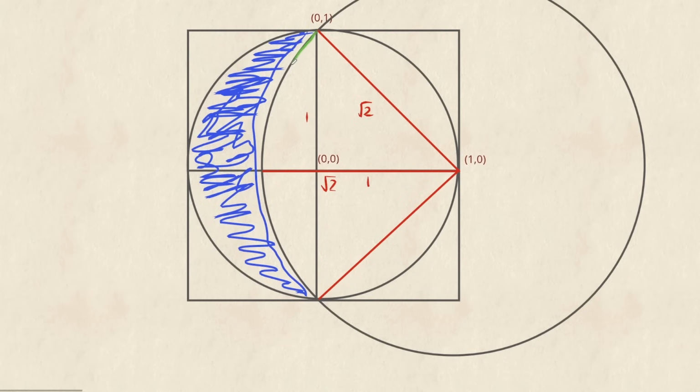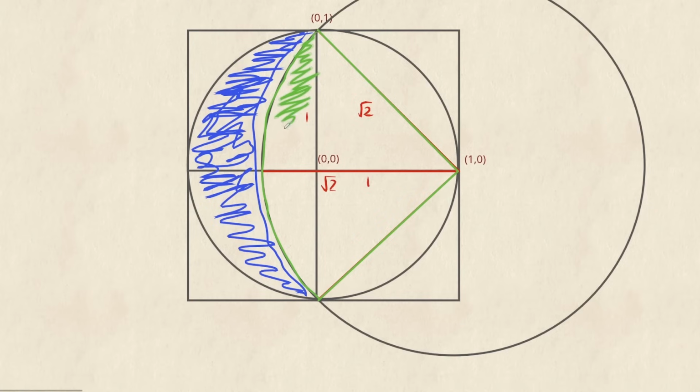And now we have two triangles. Both of them are isosceles triangles. They have legs equal to 1. Let's mark this green area that we want to calculate to find the area of the crescent.